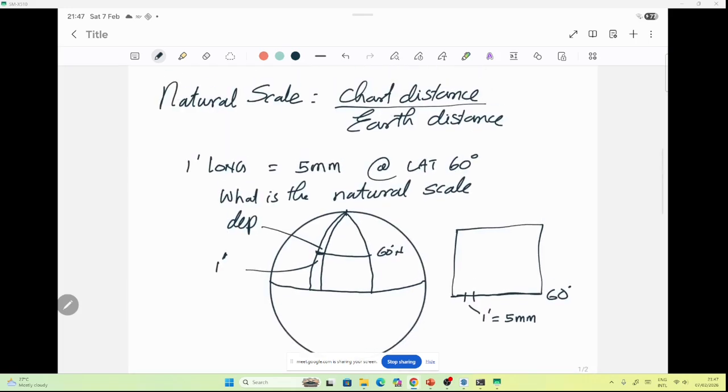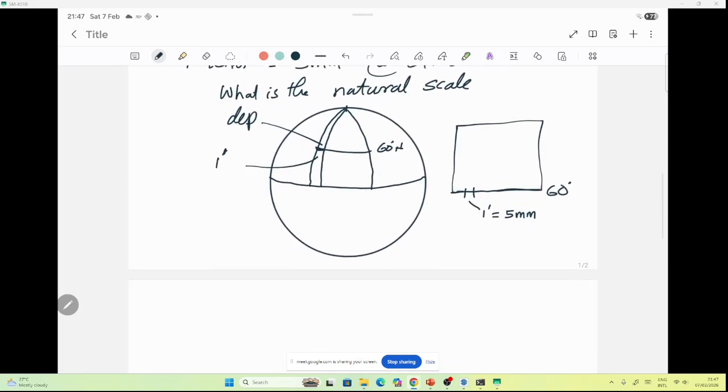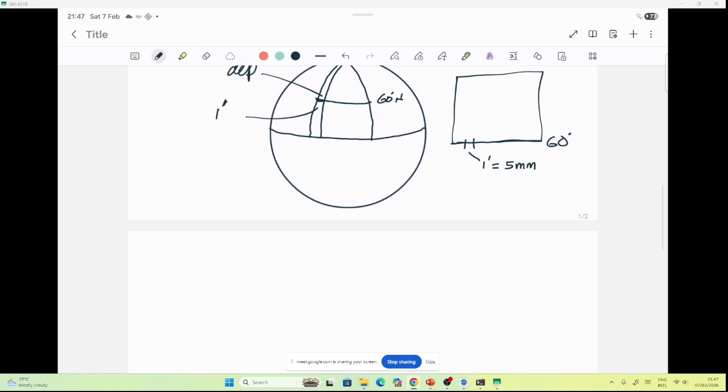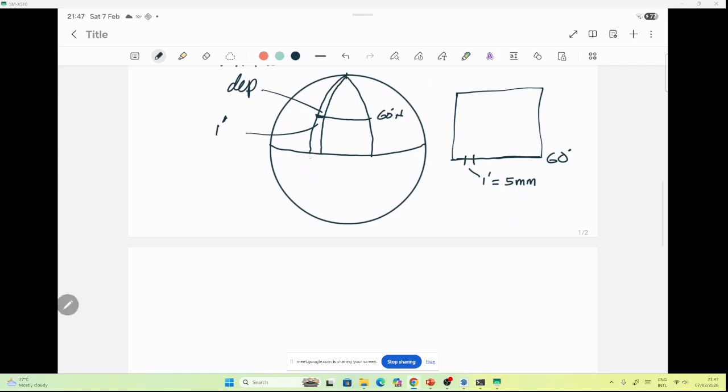Departure of 1 minute at 60 degrees. So from the parasailing formula, if we know d long of 1 minute, distance in nautical miles, we can very easily find out the distance in nautical miles at 60 degrees north. You know that departure divided by d long is equals to what?